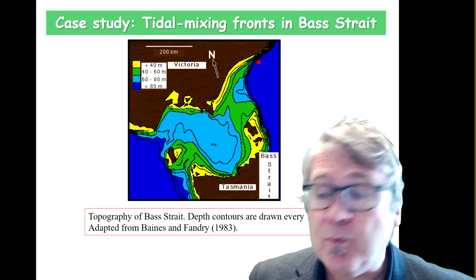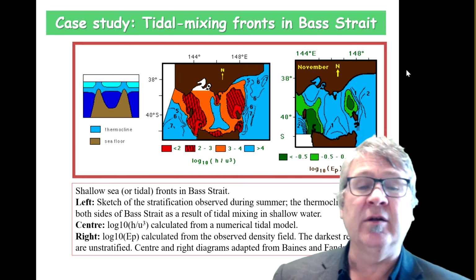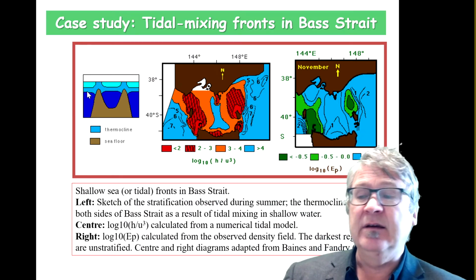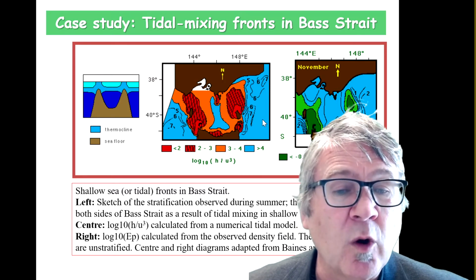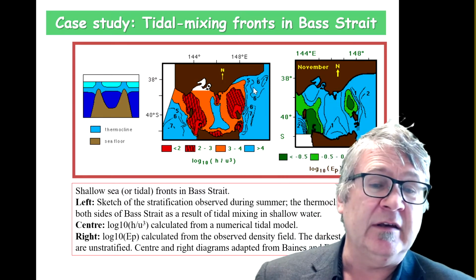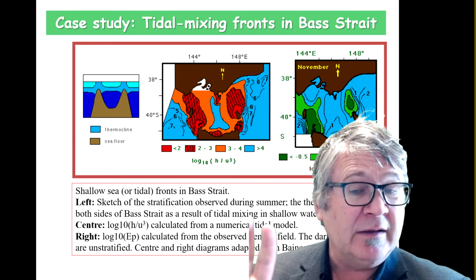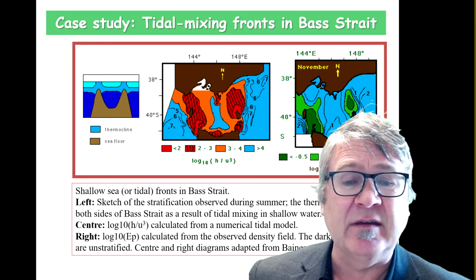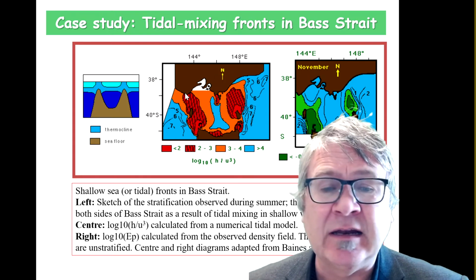This is shown on this map, with a little sketch from the side illustrating reduced water depth. Knowing the tidal current speeds and the water depth, there is a method by which you can predict where you would get tidal mixing.